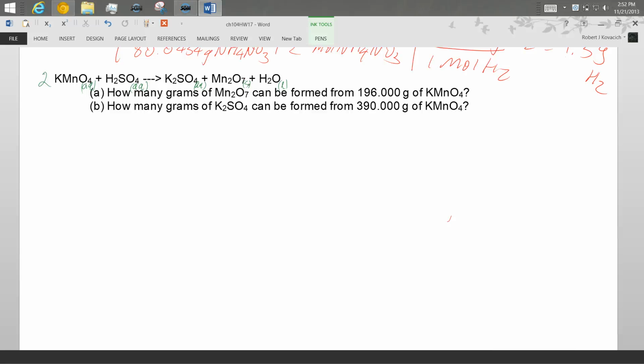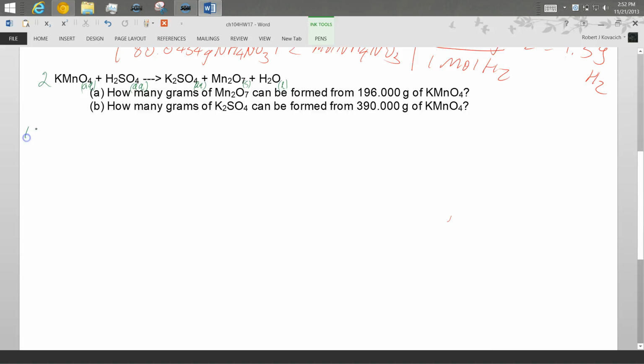So I've got 196 grams of potassium permanganate and as much sulfuric acid as I need. That's how this question has to be answered. You have to assume that you've got enough to use all 196 grams of the potassium permanganate.